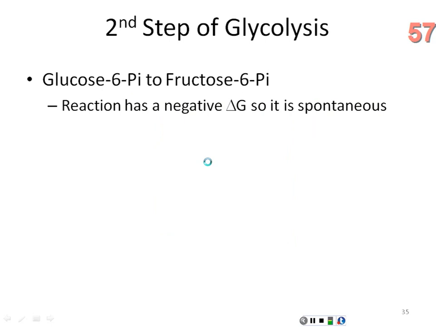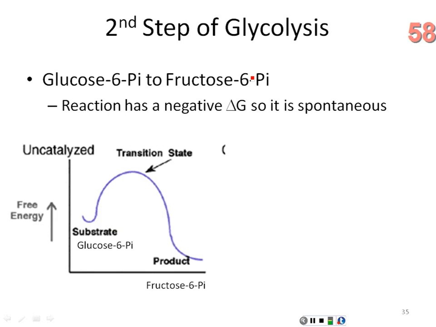Now let's look at a real-world example of enzymes. We talked about the first step of glycolysis. Let's use the second step of glycolysis as an example. In the second step, we have glucose 6-phosphate going to fructose 6-phosphate. And this reaction has a negative delta G, so it is spontaneous.